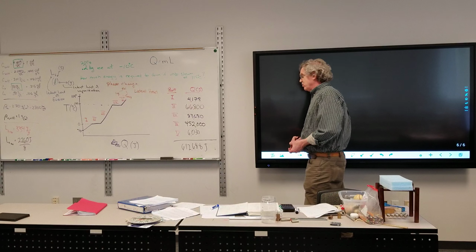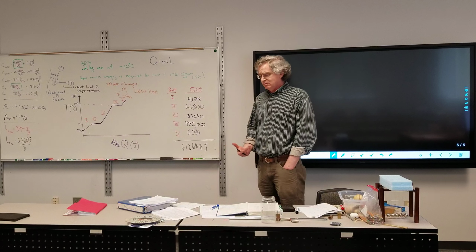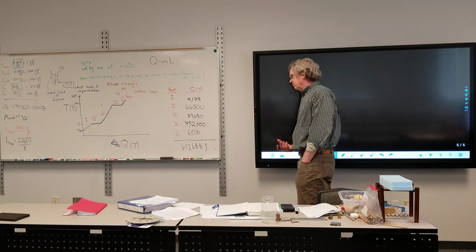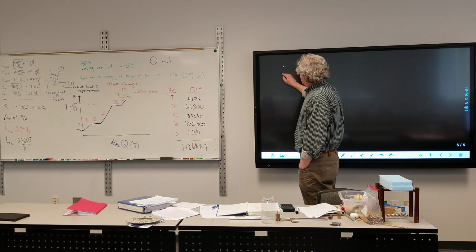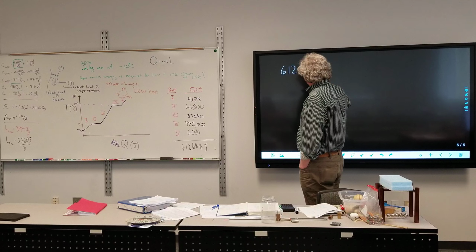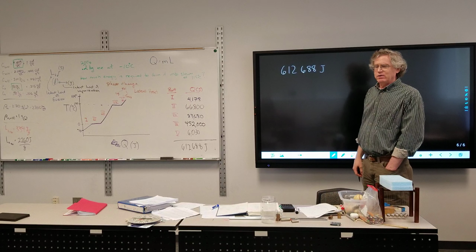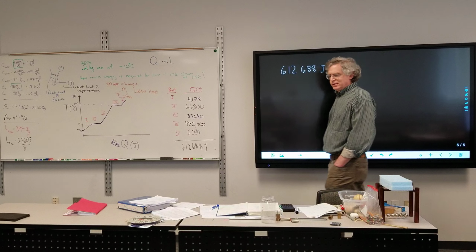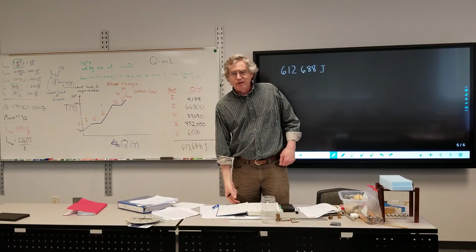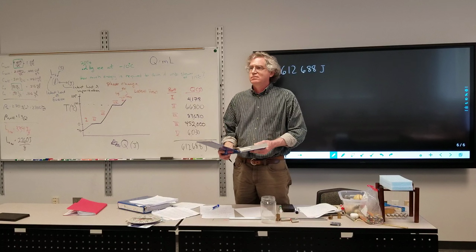So first thing I need to do is convert this joules into the lowercase c calories, into science calories. 612,688 joules. How many joules are in a calorie? Or how many calories in a joule? That's all of it added up?